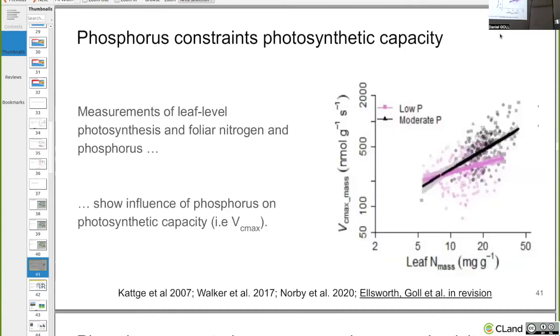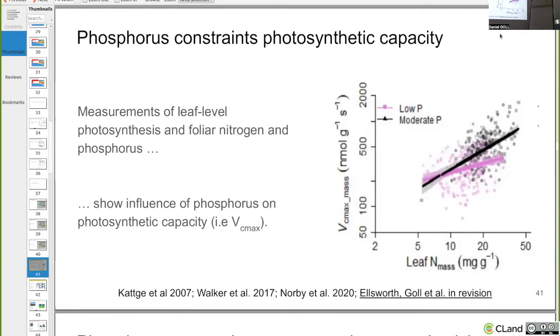To give you some specific examples, here is an example of the most recent work led by David Ellsworth. It is a continuation of work started by Jens Kattge, who for the first time showed that the photosynthetic capacity of plants relates directly to the leaf nitrogen concentration.